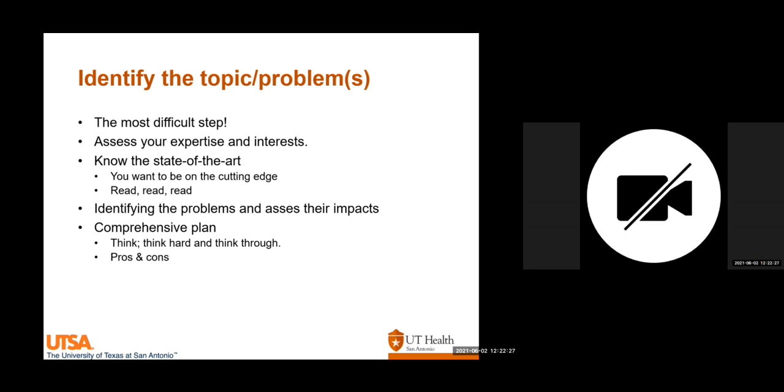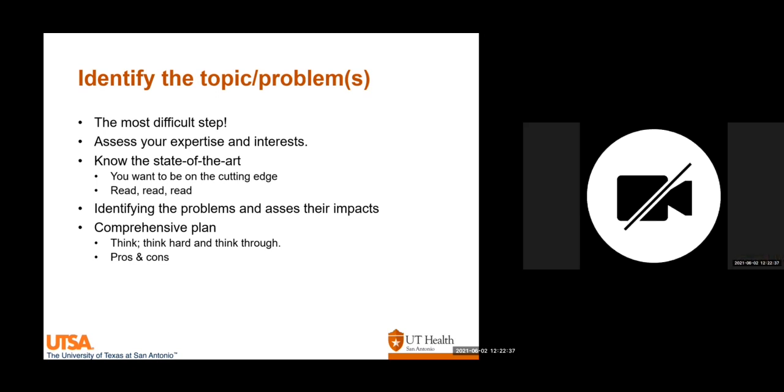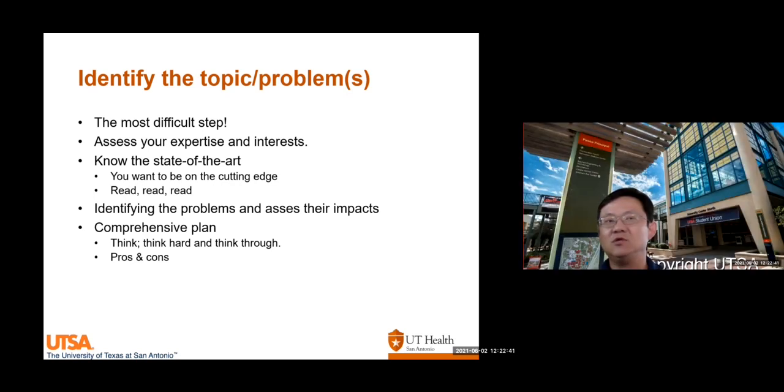What kind of data you are going to collect, and what potential approaches you are going to deploy, and what are their pros and cons, okay? And then the timeline it takes for you to address each one of the problems, and the resources and the effort that it requires for you to, for example, collect data and develop these different approaches.